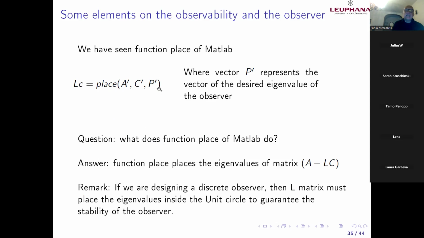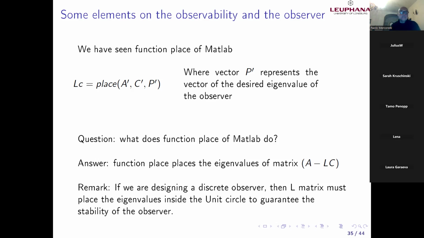The reason for this is a little bit difficult to explain to everybody because the transposition of the matrix in this case is related to a difficult concept, which is the duality between observability and controllability.